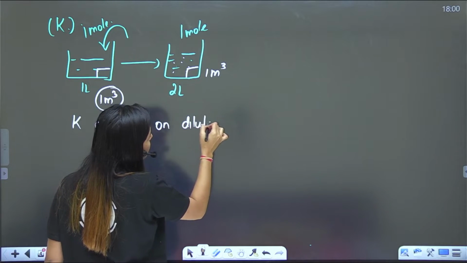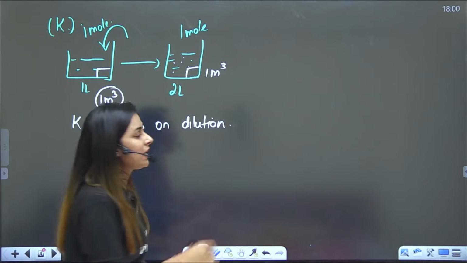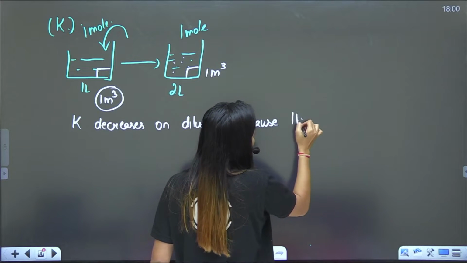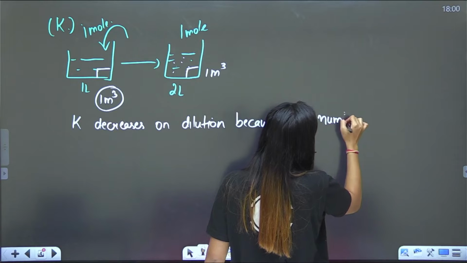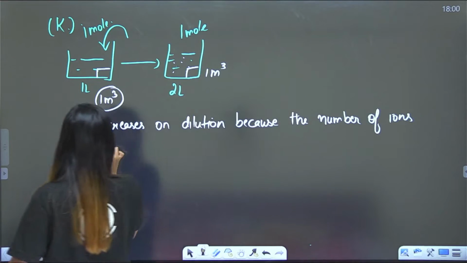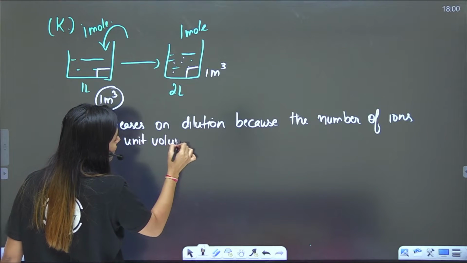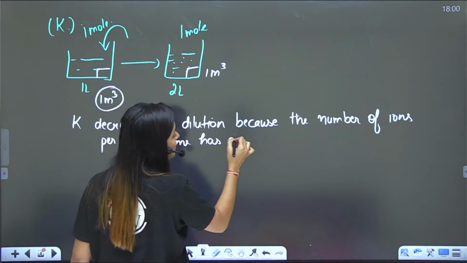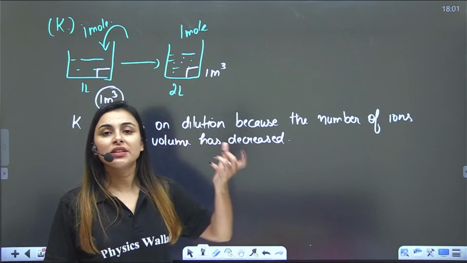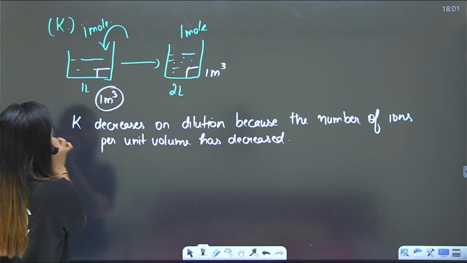Why? Because the number of ions per unit volume has decreased, and so your conductivity on dilution also decreases. Okay, perfect. We have studied this particular part.